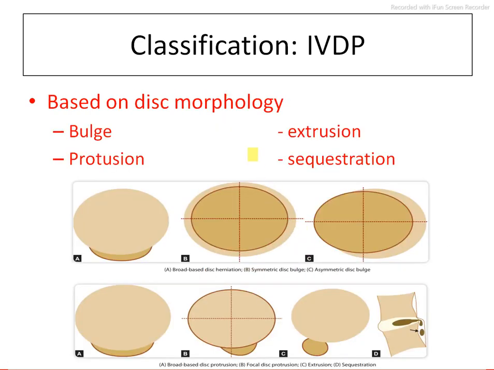Now on the basis of morphology, the intervertebral disc prolapse can be divided into bulge, extrusion, protrusion, and sequestration. Bulge means nothing but it has come out of the area of the vertebral body. Suppose this inner one is your vertebral body portion, isn't it? So disc was also lying.